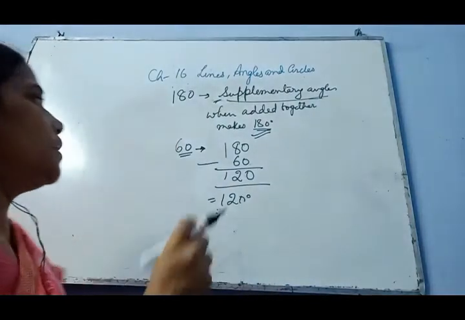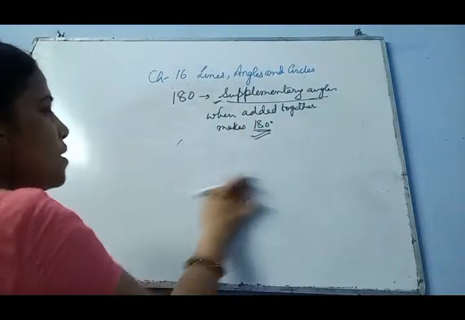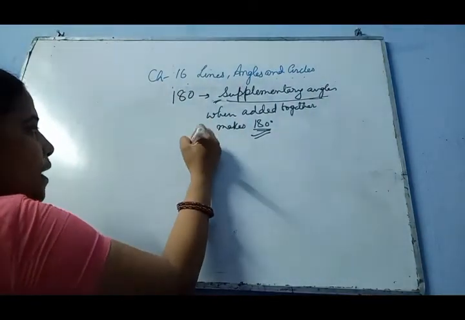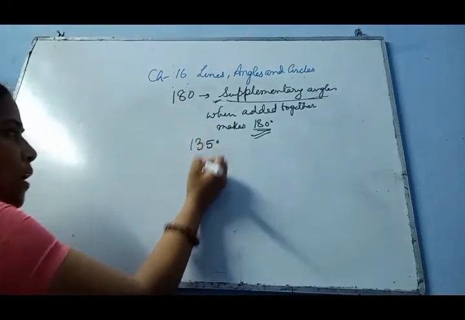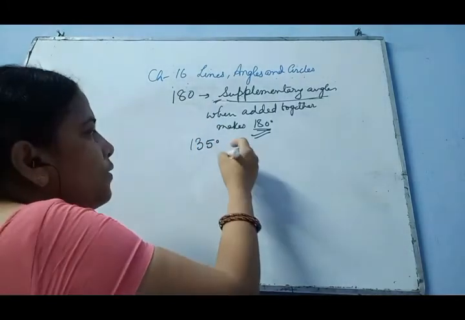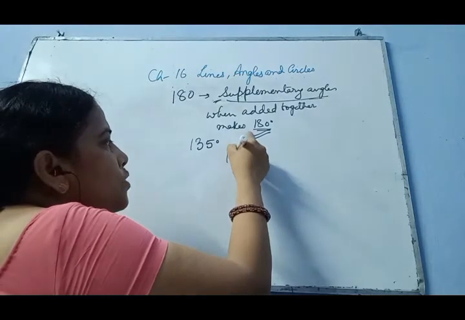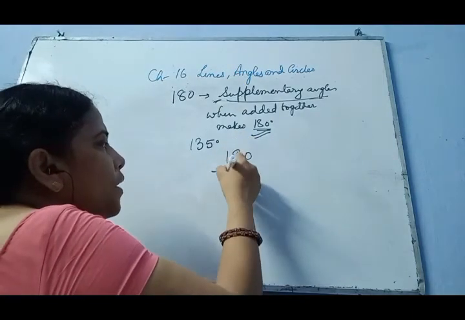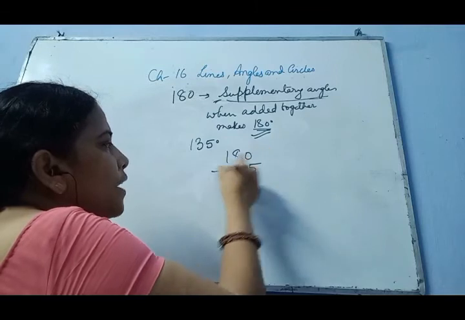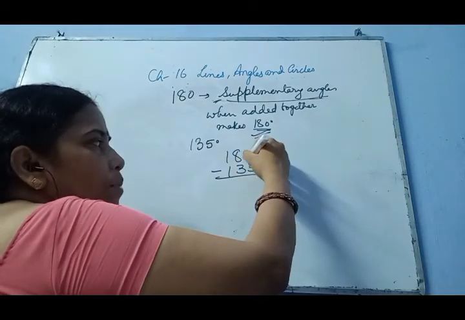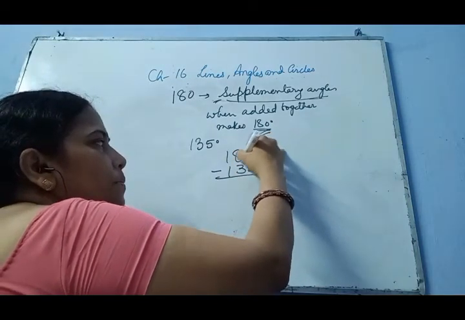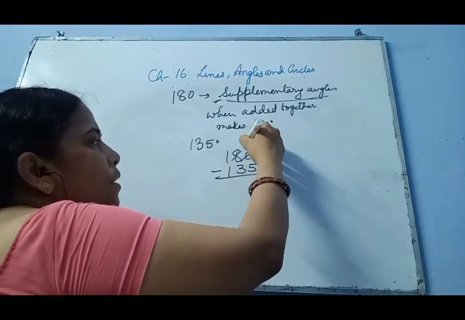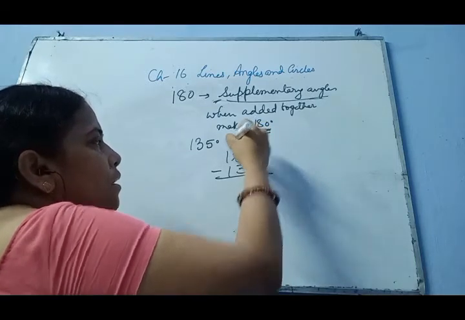Now suppose this is 135, then what will we do? We will subtract 135 from 180. 5 from 0 cannot be subtracted, so borrow 1 from here, make it 10, make this 7.